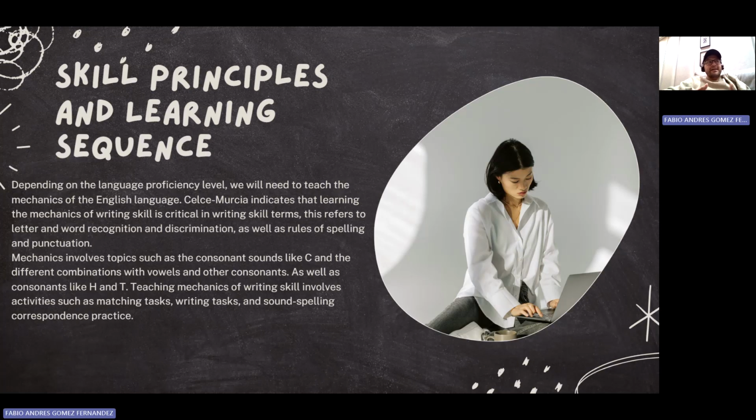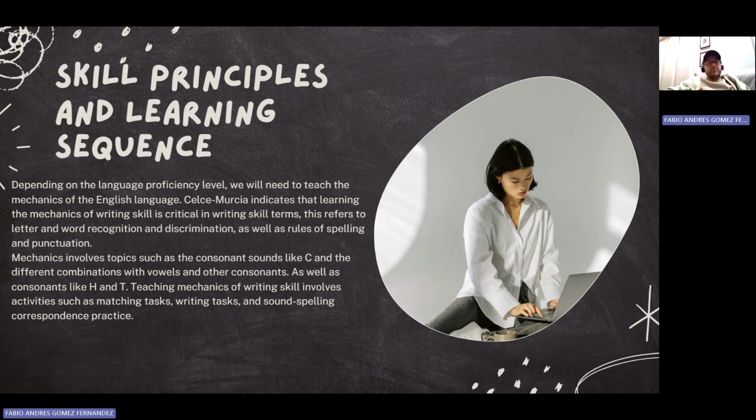When we talk about mechanics, we relate reading and writing skills a lot. Celce Murcia explains that these two skills are joined together because when you want to read a word or learn how to read a word, you will have to see the form written somewhere or write it yourself.